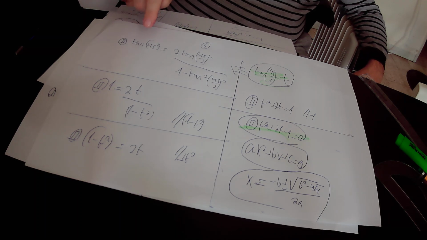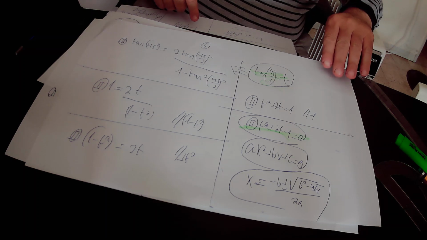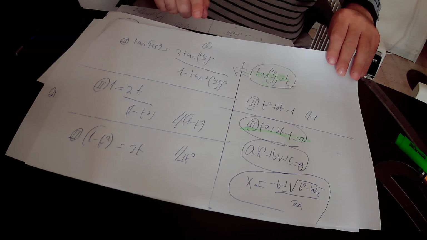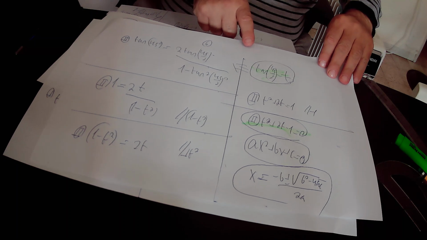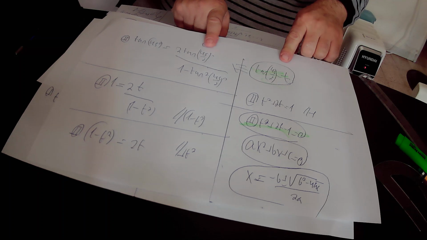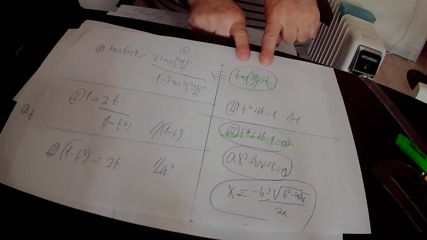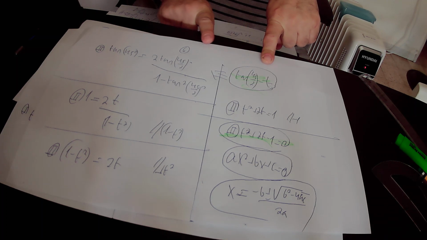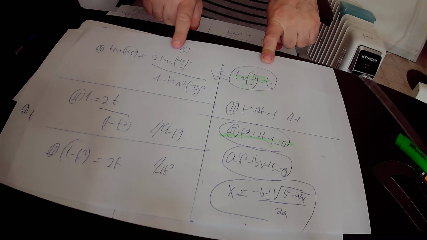Tangent 45 degrees is 1, and it equals, here we define tangent 45 over 2 degrees as t. Repeat again, tangent 45 over 2 degrees equals t according to our definition. And here we substitute tangent 45 over 2 degrees by t.